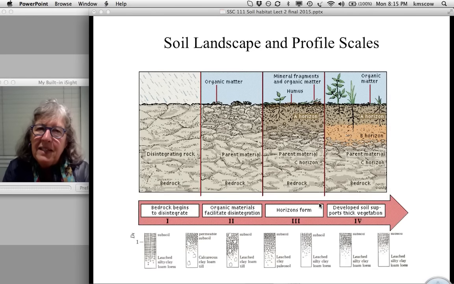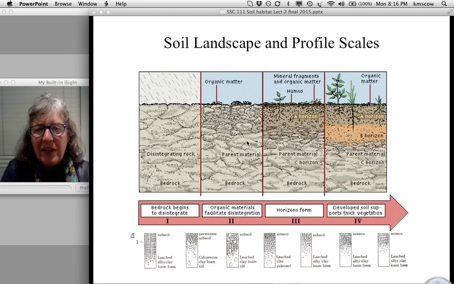Okay, and I guess if we move up in scale, so we went to the aggregate scale, but also at the landscape scale, you're going to find different kinds of soil profiles that are going to be a function of how much activity and weathering and time they've been exposed to, and also the soil forming factors that contribute to creating soil, how much time they've had to play.